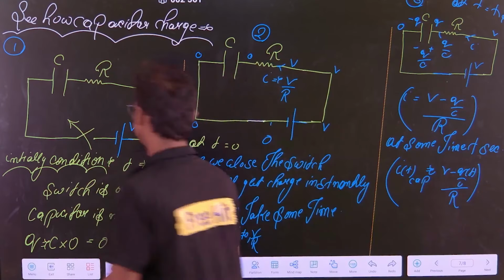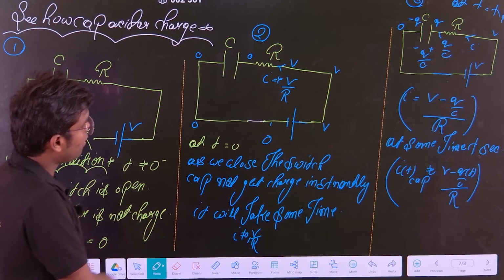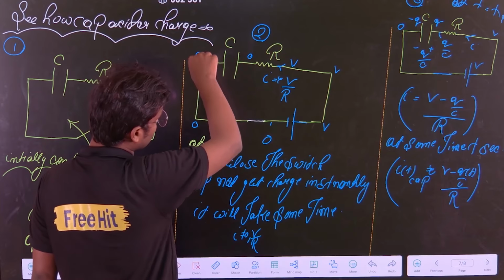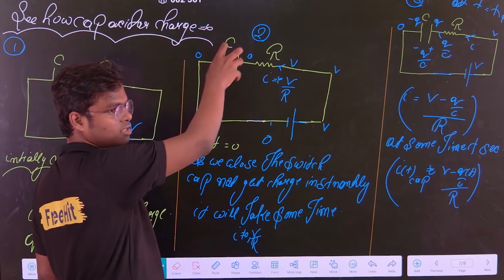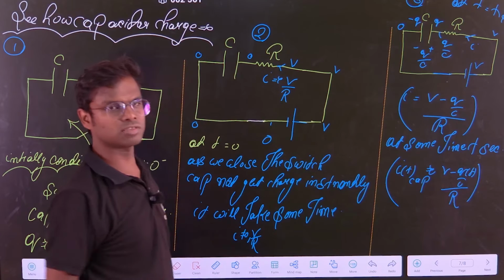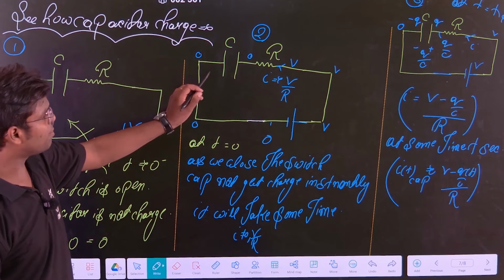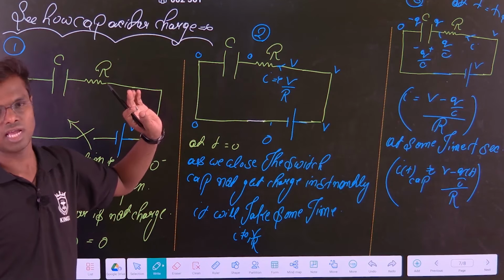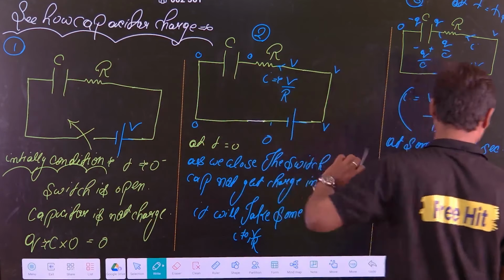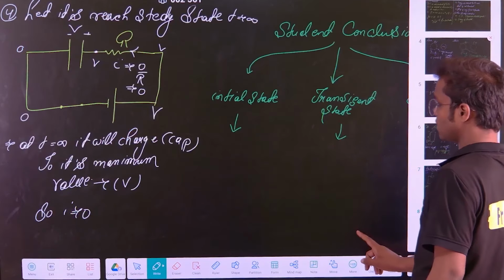If I close this switch, whether this capacitor is present here or not present, it doesn't matter now, because why? The capacitor potential is zero. There is no charge, nothing is there. So does this capacitor matter in the circuit? Answer is no. What can we say about this capacitor? It will behave as a short circuit.